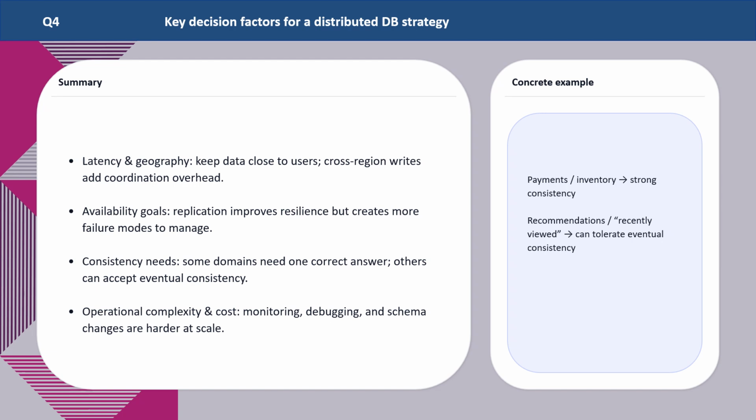But things like recently viewed or recommendations can accept eventual consistency. So key-value systems are often a good fit there. Finally, it makes it more complex and expensive to operate distributed systems because monitoring, debugging, and changes are harder across multiple nodes.